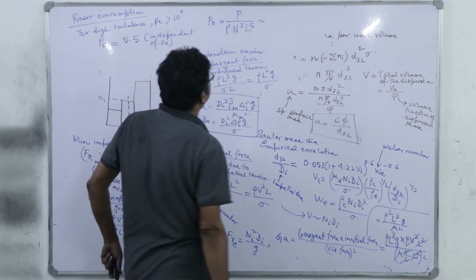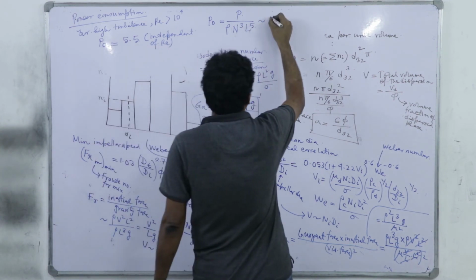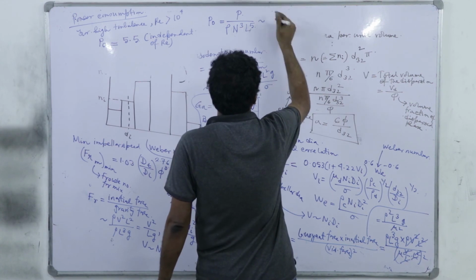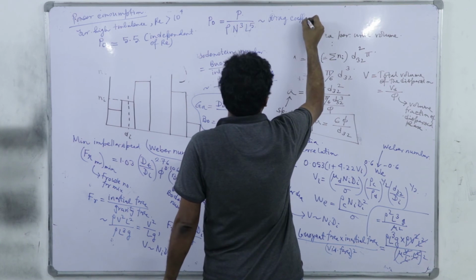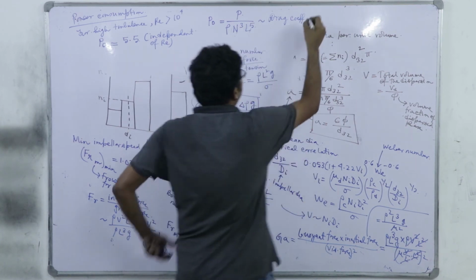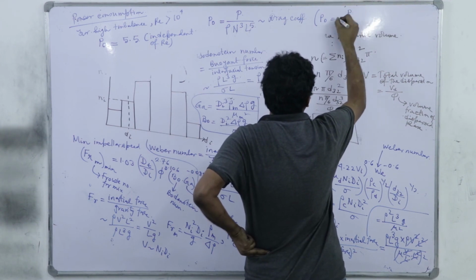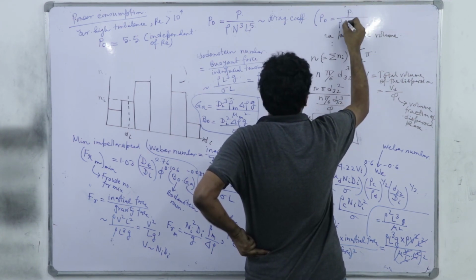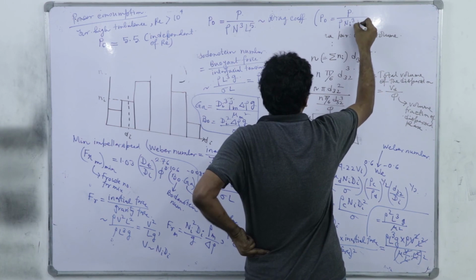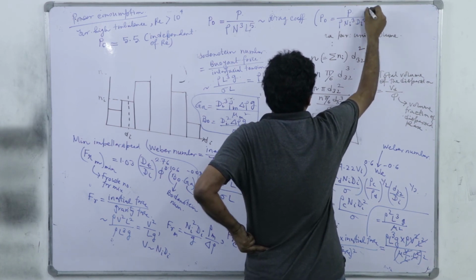And significance wise, this is basically equal to drag coefficient. We have discussed it in fluid mechanics. For the present system, the power number will be P divided by rho into Ni cube into Di to the power 5.